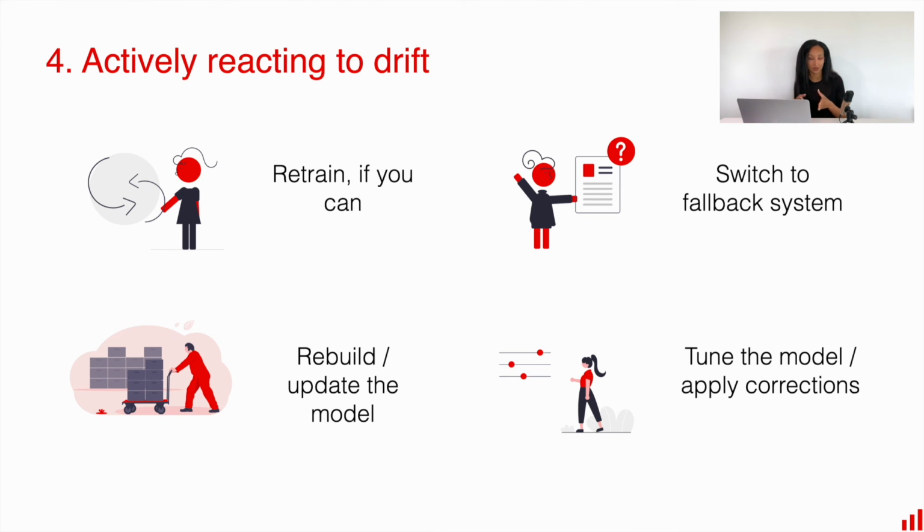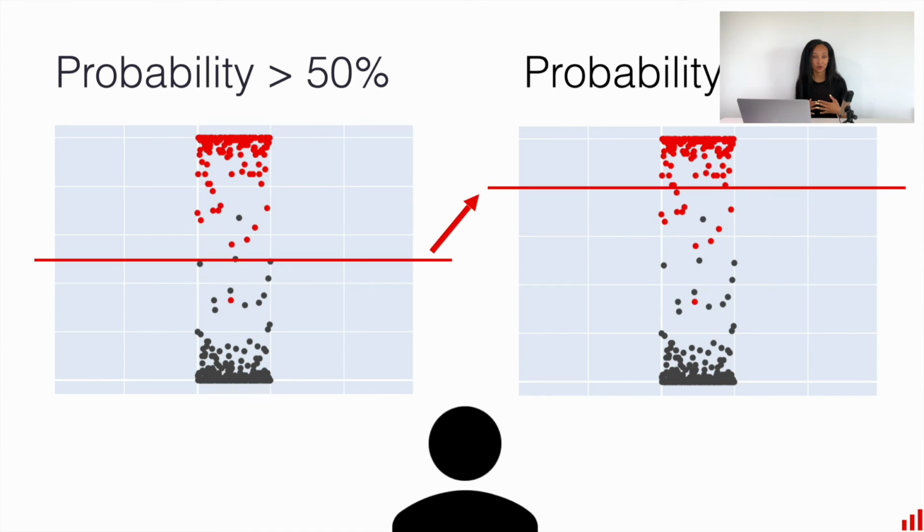We might even need to rebuild or update the model totally if there are quite a lot of changes and maybe the algorithm we used before to train the model is no longer optimal. Or maybe we need to tune the model or apply some post-processing rules, like change our threshold for fraud detection, for example, from 50% to 80% or vice versa, depending on the case.